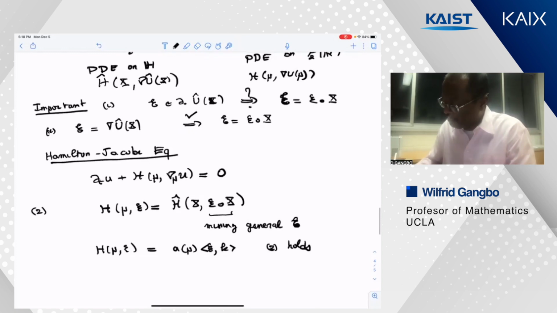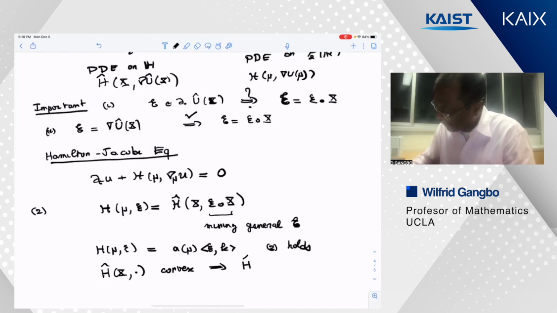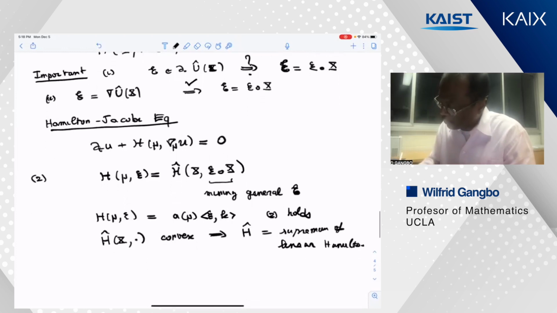But because every convex function is a supremum of linear functions, you can conclude that you can state the theorem.